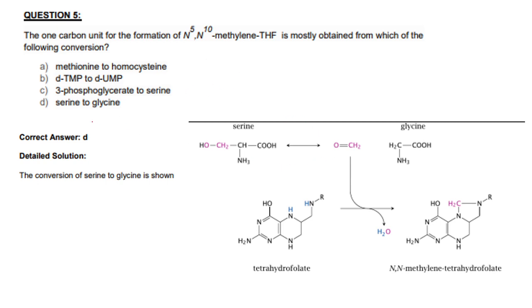So serine will get converted to glycine, and it will liberate this CH2=O, this formaldehyde. Then N-methylene tetrahydrofolate will form.